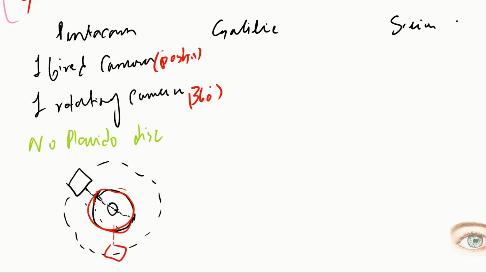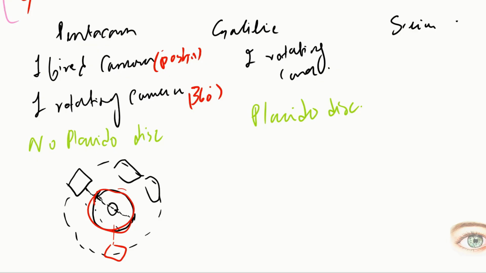Now in the Galilei scan, we have two rotating cameras and no fixating camera, right? Also there is a Placido disc. These two rotating cameras move in opposite directions, and an average of their pictures is taken.